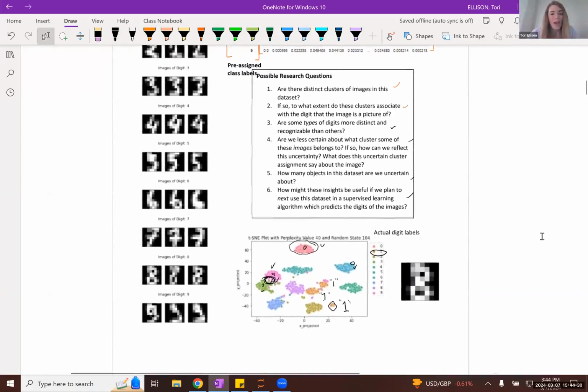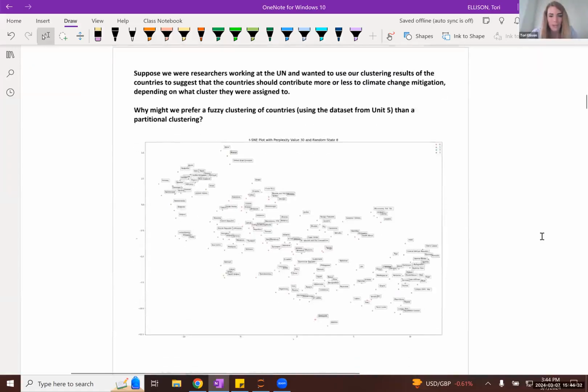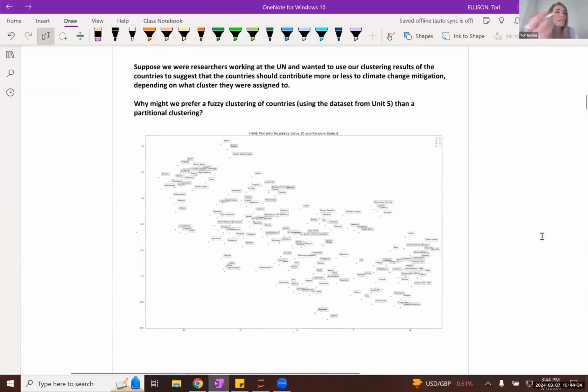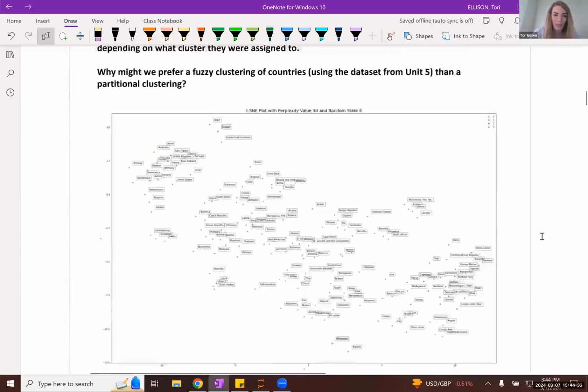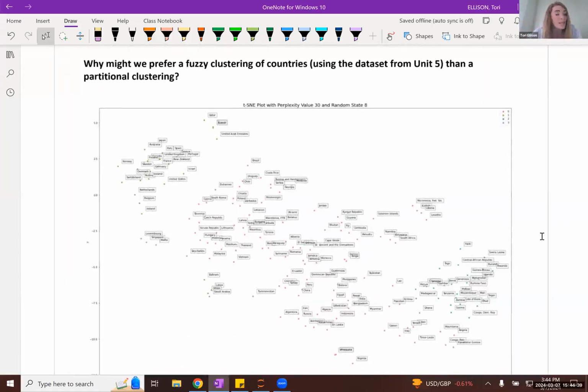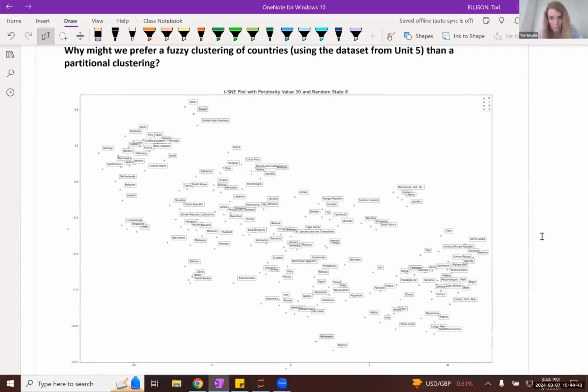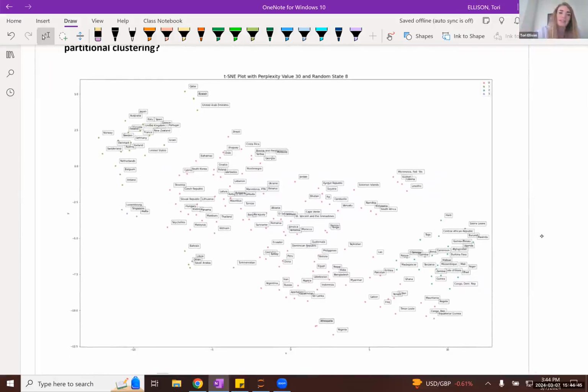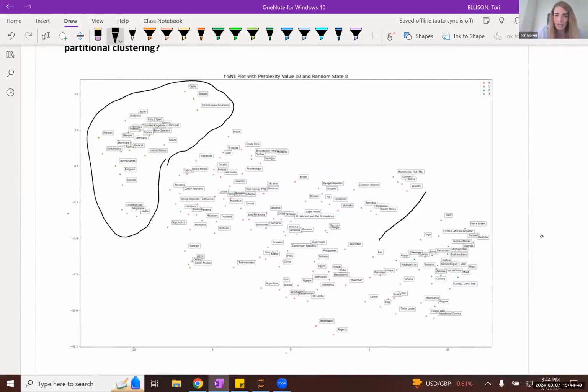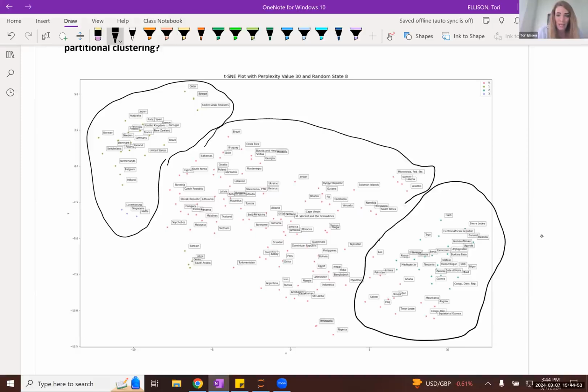Okay. And so also, this can be useful not just from a supervised learning analysis perspective, but if we go back to our country data set that we explored, for instance, we put this into a t-SNE plot and found that, for the most part, there were about 3 main clusters that were not the most well separated.